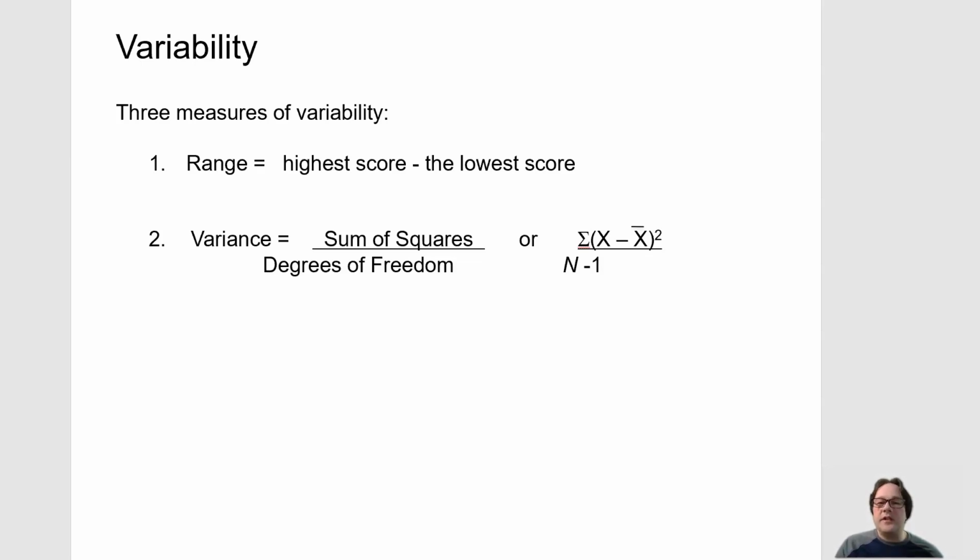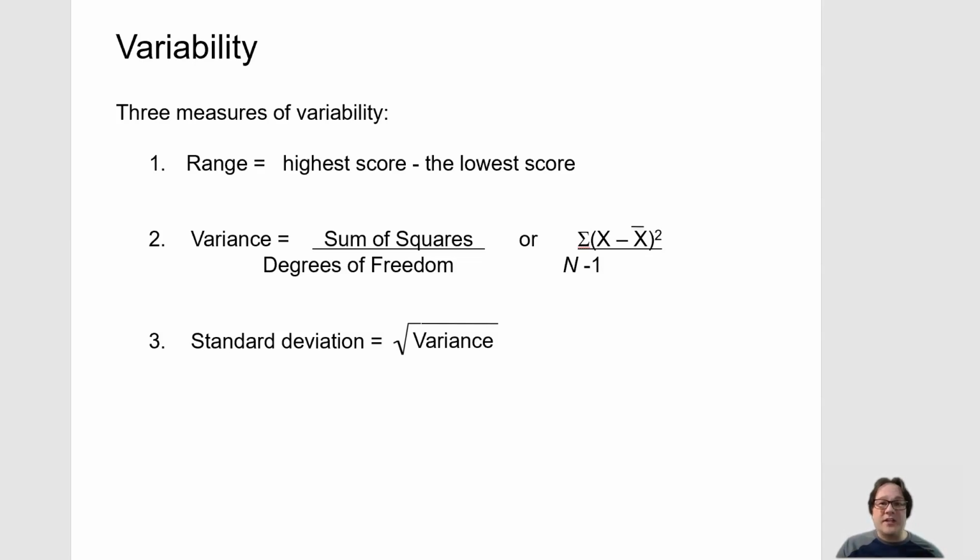Sum of squares is pretty easy to calculate, but it can be somewhat tedious, particularly if you have a large data set. And then finally, we have the standard deviation. That's a term I'm going to bet that almost all of you have heard before in your life. And you might have a vague understanding of what it means.